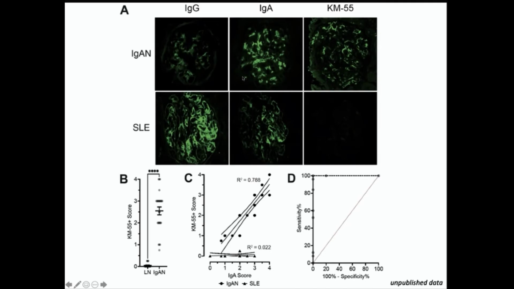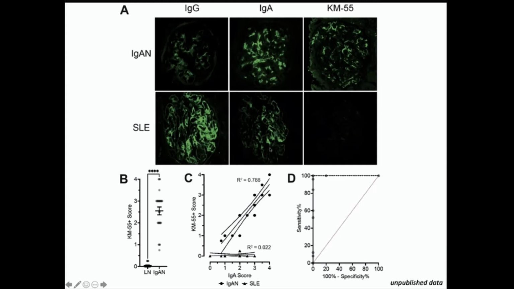So I selected a case with a little bit of IgG staining. Actually, majority of the IgA nephropathy cases has minimal IgG, okay? But bright IgA, and then these cases stain positive for KM55, which is consistent with all the published data.